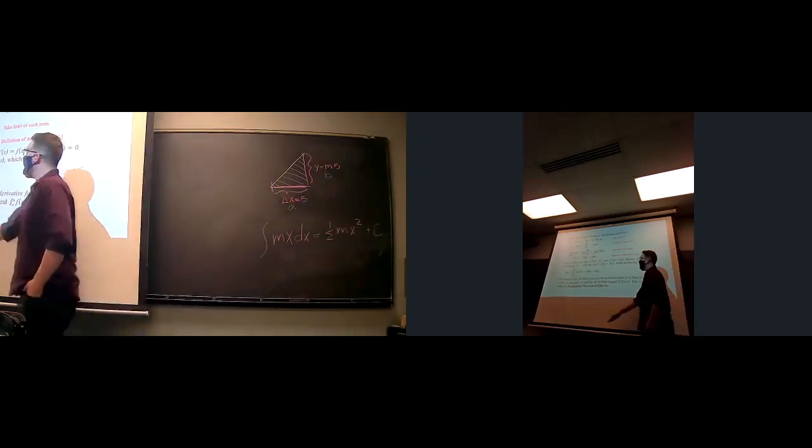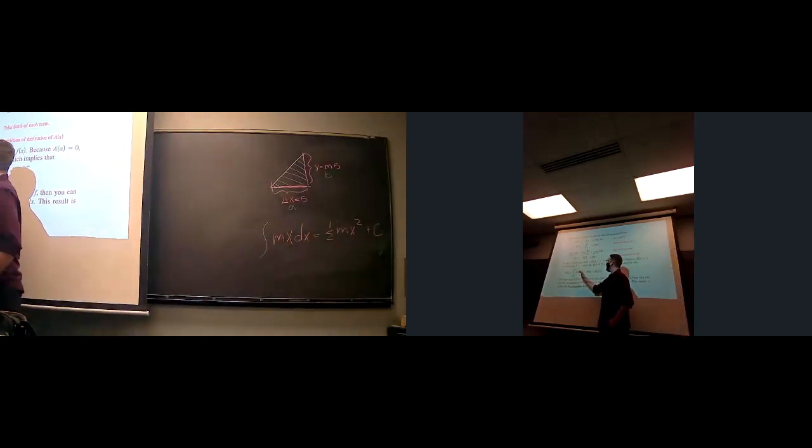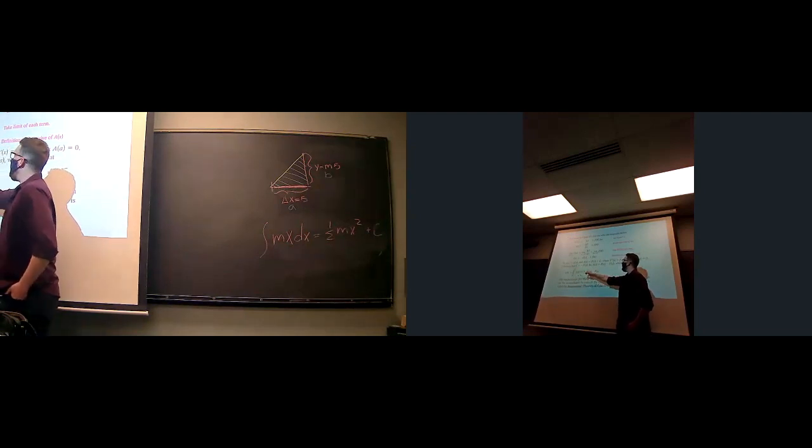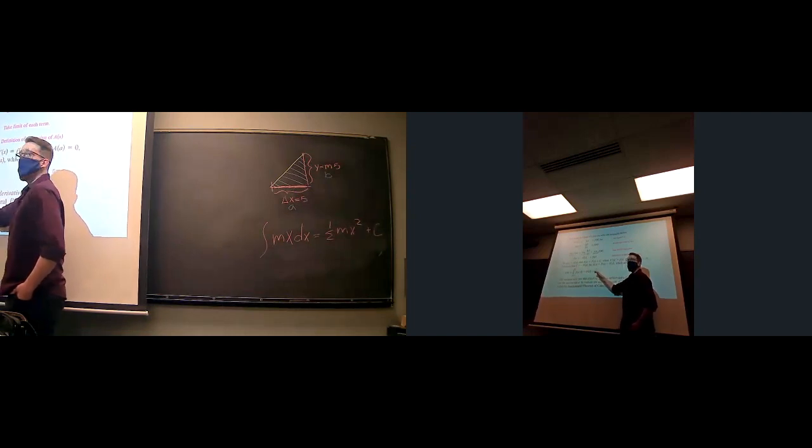So the fundamental theorem of calculus tells us that the integral of a function with respect to its variable from a to b is equal to whatever that integral evaluates out to be, evaluated at b, minus that evaluation at a.